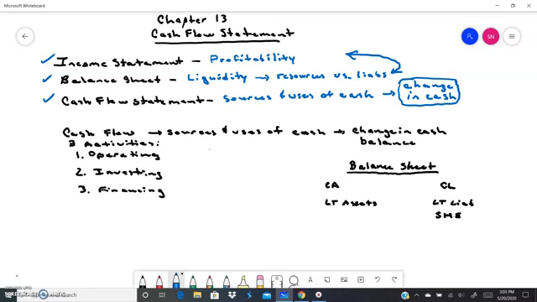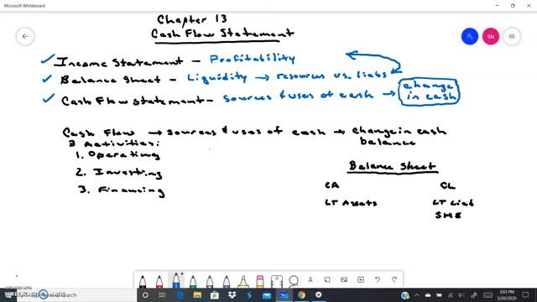So if we have $100 in cash in our bank account and we made $50,000 in profit, and at the end of the year we have only $10 in cash, what happened? Where did that $50,000 go? And the cash flow statement is going to be able to tell us where that $50,000 went.